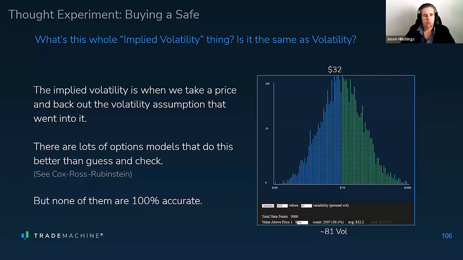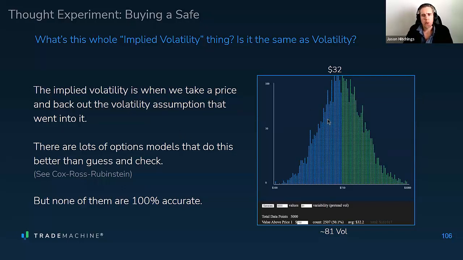And there are a lot of great option models to do this. Cox-Ross-Rubinstein is a popular one. It uses something called a binomial tree. None of them are 100% accurate, but they do a pretty good job of backing out people's volatility assumption based on the price.